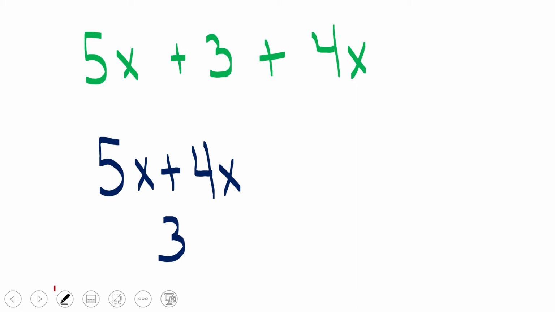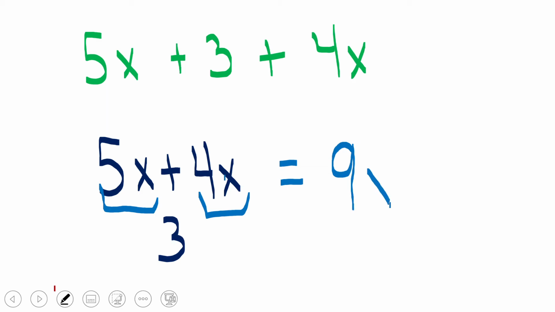Since 5x and 4x have exactly the same types of elements, a whole number and x to the power of 1, we can add those together. And what is 5 plus 4? That would equal 9, and we repeat the x to add that like term.